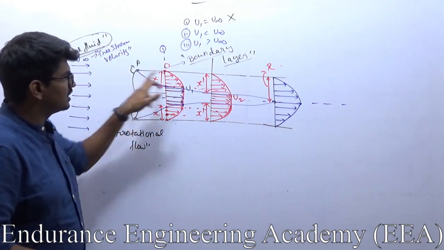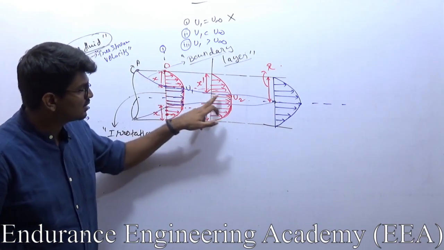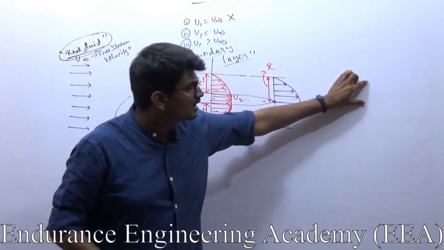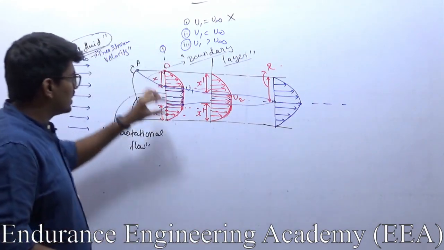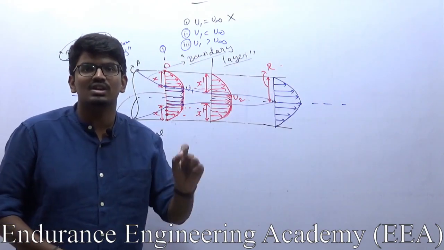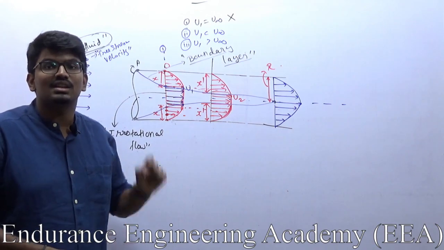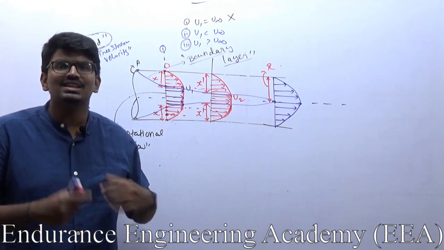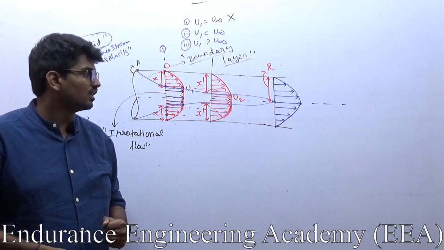From this point to this point the boundary layer is continuously increasing, and once it reaches here, the boundary layer is constant everywhere. The thickness is r only. So initially, over x dash, it is reaching r, and after that it is constant. So the boundary layer thickness remains constant, and the maximum value of boundary layer thickness in a pipe flow is r. So these are some 1 mark questions.